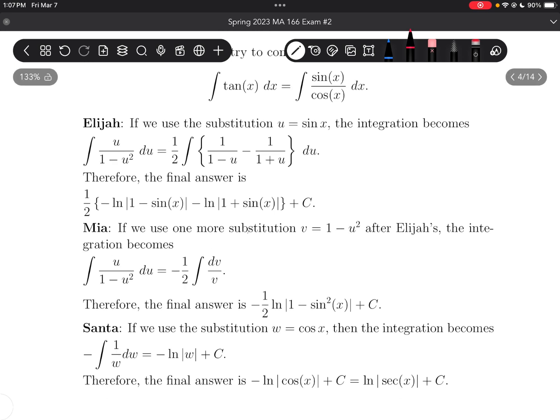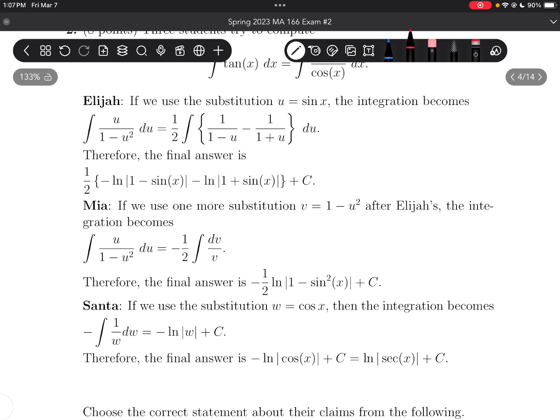So Elijah's strategy is to use the substitution u equals sine of x. The integration then becomes, so let's walk through this. U equals sine x. That would make du equal cosine x.